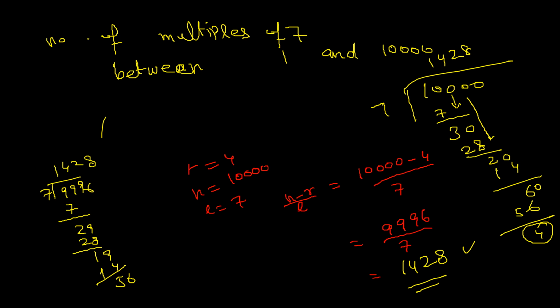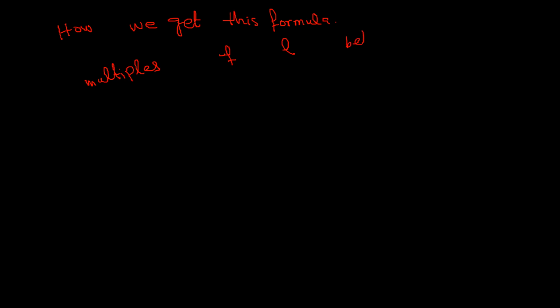So now we will see how that formula comes about. How do we get this formula? This is an application of AP, where we want to find the multiples of L between 1 and n.